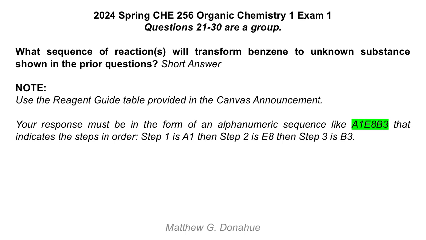What series of reactions using the reagent guide that was posted in Canvas will give you that? Because you have a meta-substituted pattern, the first thing you want to do is put on an electron withdrawing group onto the ring, that is E1. So benzene, we're going to do a nitration, so HNO3, H2SO4, and that was A9.